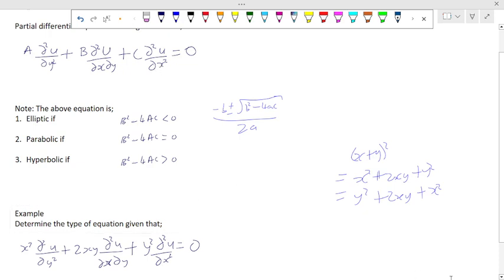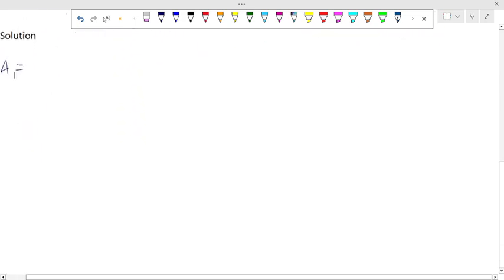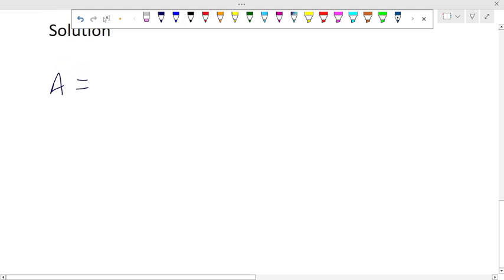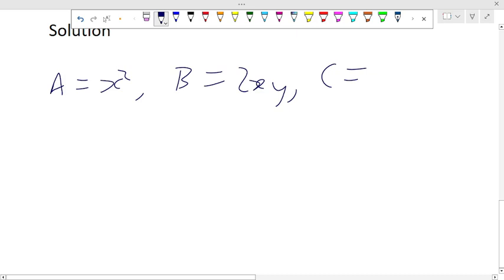Since we now know what our values are, let's write them out clearly: a is x squared, b is 2xy, and c is y squared. So let's plug them into the condition.